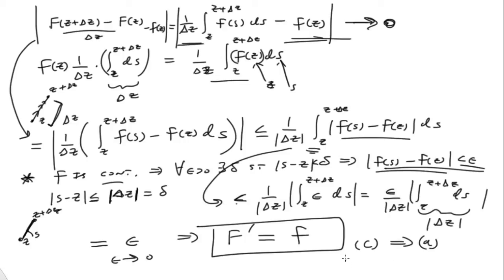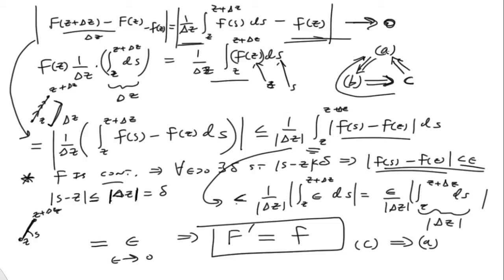So if I have A implies B implies C, and then we have that C implies A, then we can go around that way as well. We've also proven that, so we can get anywhere from any point on this cycle.